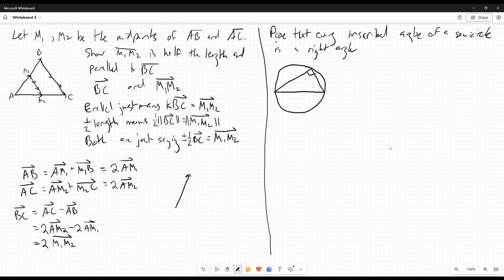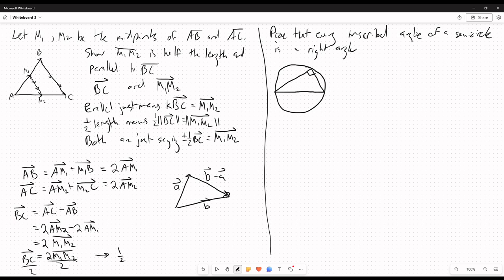You know, this general picture that if we have a vector A here and a vector B here, then the vector pointing from A to B is going to be the vector B minus A. And that's just the idea that we use all over the place here. So what do we have here? We have that BC equals 2M1M2, and all we needed to do is divide each side by 2, and we get exactly what we want.